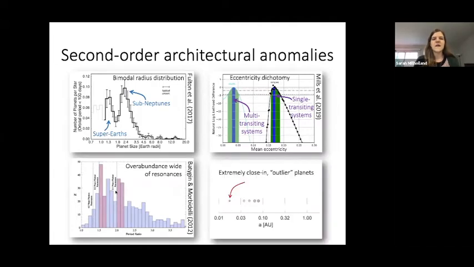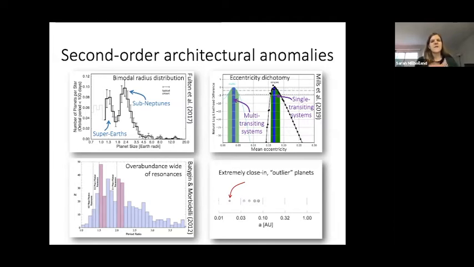And finally, another example of an architectural anomaly is this subset of systems with extremely close-in outlier planets that are separated off from the inner edge of an otherwise fairly uniformly spaced system.